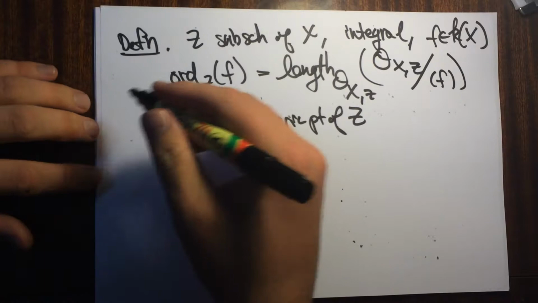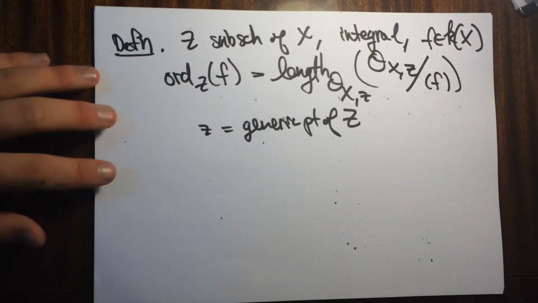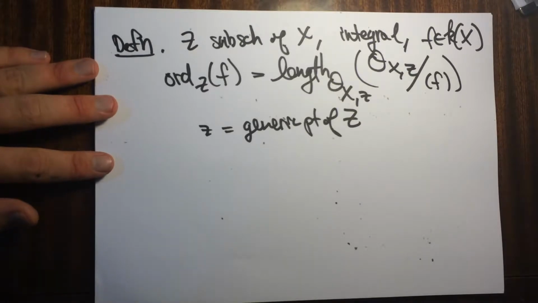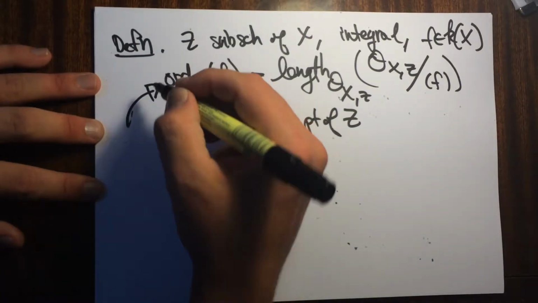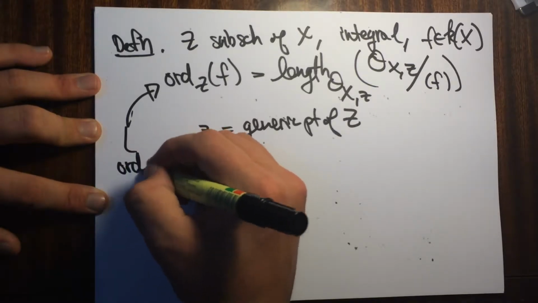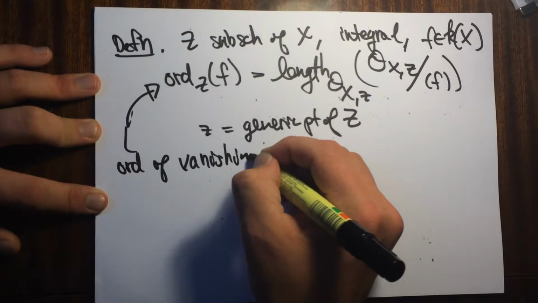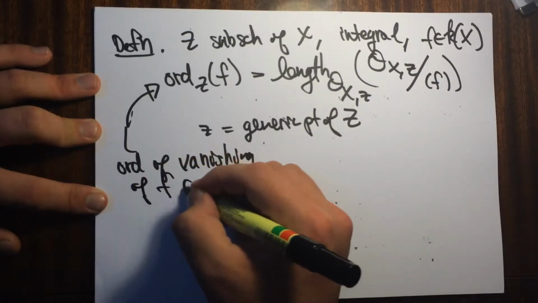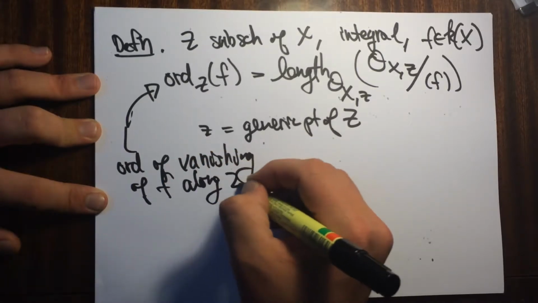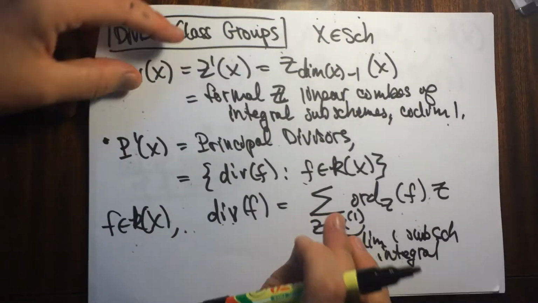Okay, so this is what we define to be the length, or sorry, the order. So this is the multiplicity, the order of vanishing of f along Z.